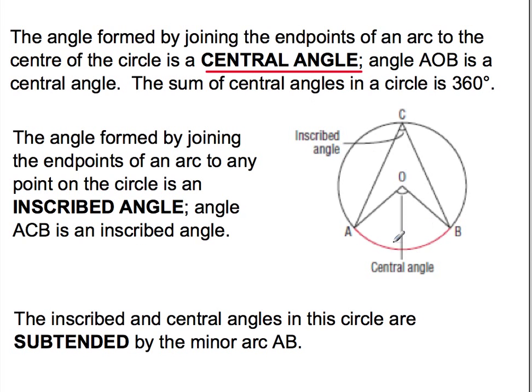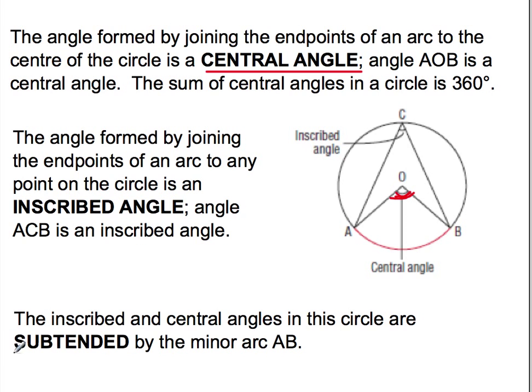So we have a word here called the central angle. Central angle means I start at A. I don't go along the circle to get to B. I actually go to the center. I take like a little detour. I go to the center and then I go down to B. The angle that is formed is called a central angle.